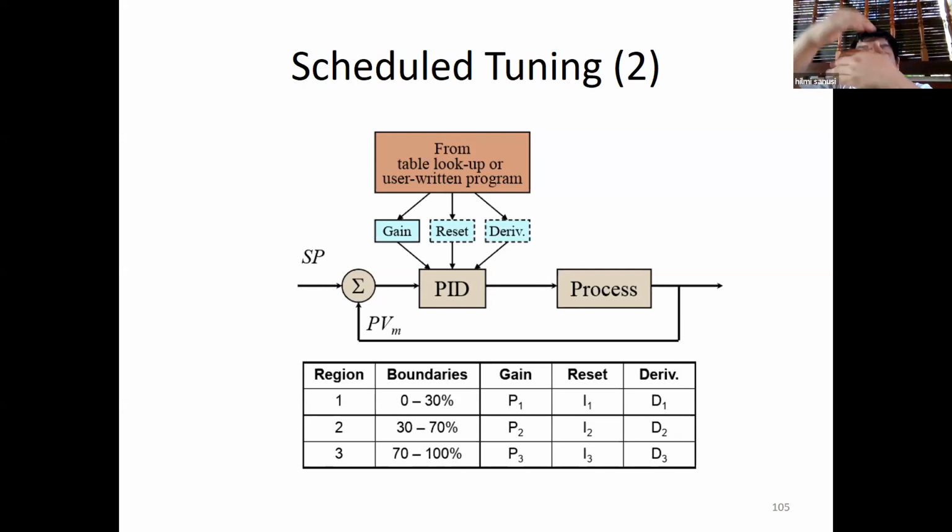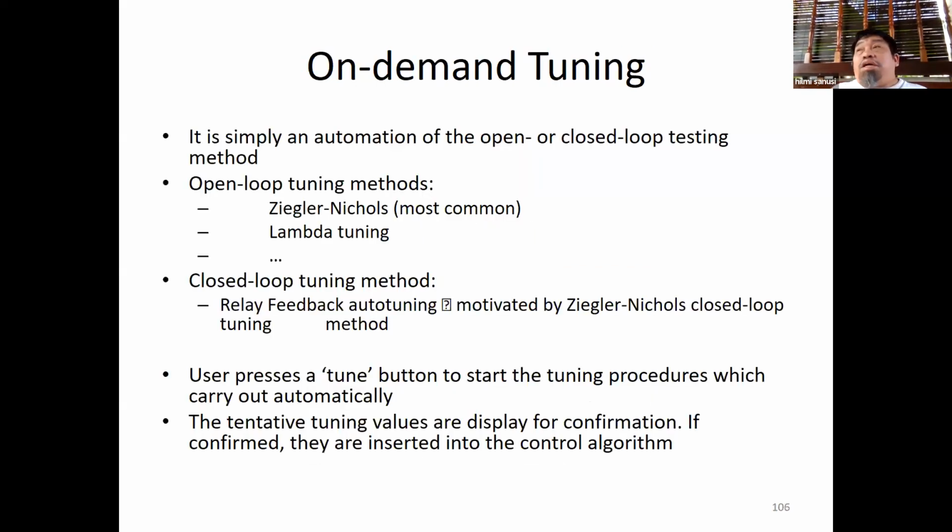Kalau dia correlate tengah-tengah, region 2. Kalau langsung tak correlate, region 3. So ini based on auto correlation pun boleh juga. Gain scheduling ni paling banyak pakai lah. Kalau kapal terbang pakai gain scheduling.